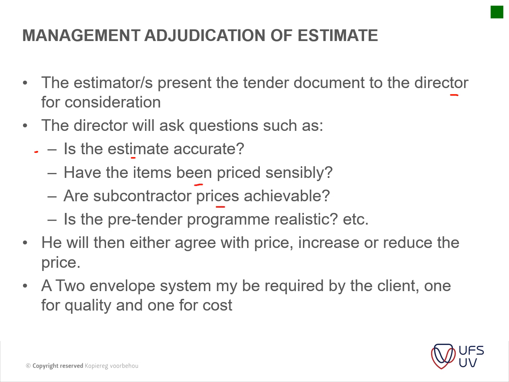Are the subcontractor prices achievable? Is the pre-tender program realistic? Then he will either agree with the price or increase or reduce it, making some amendments. A 2-envelope system may be required by the client, one for quality and one for cost. So we'll still get into that a little bit.